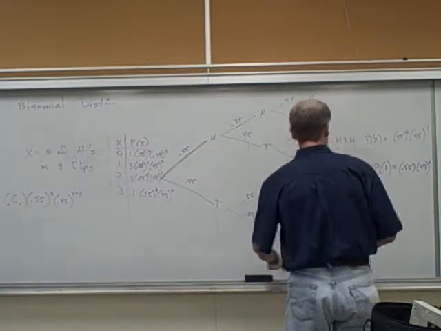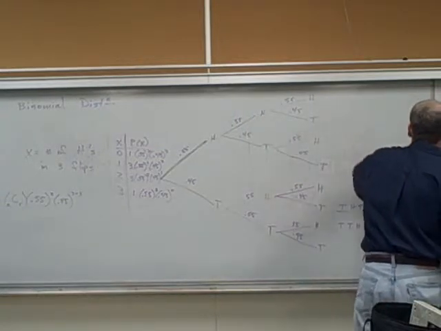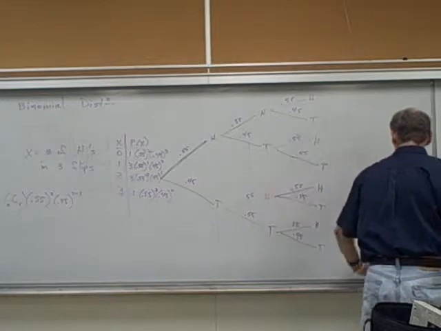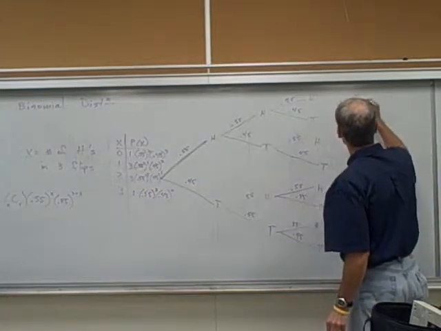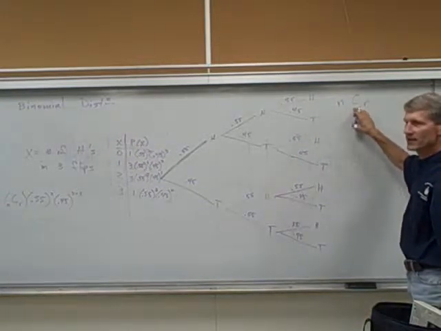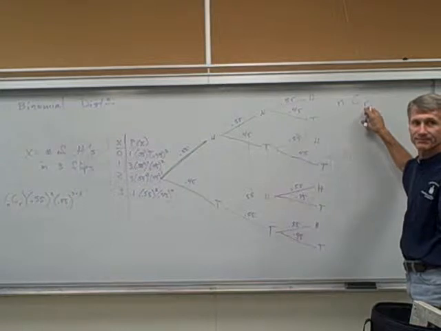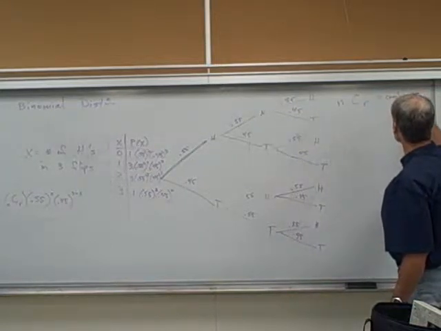Which is, let's see, let me use this space over here. nCr means combinations of n things taken r at a time. So I'm just going to write combinations.